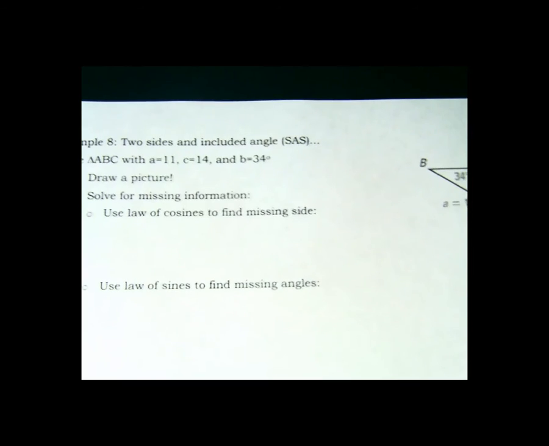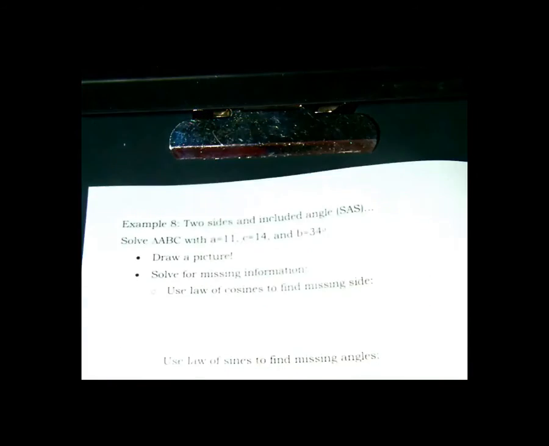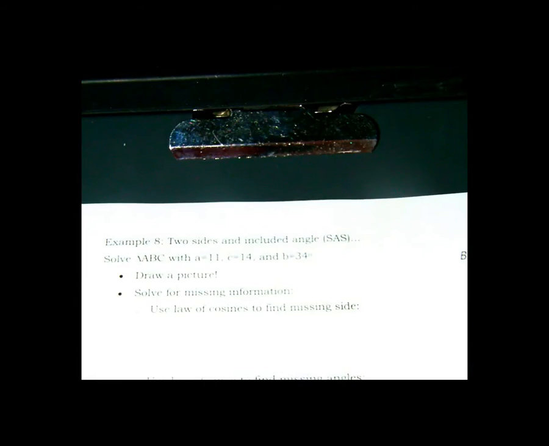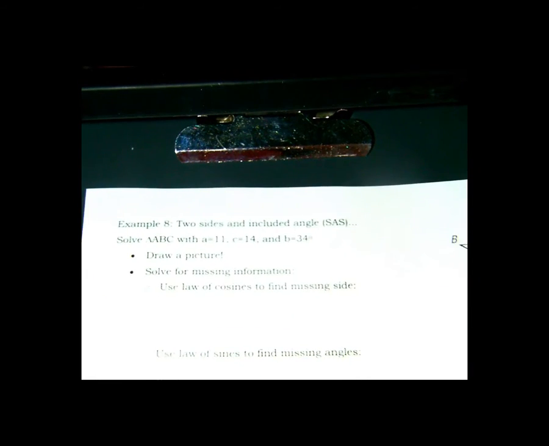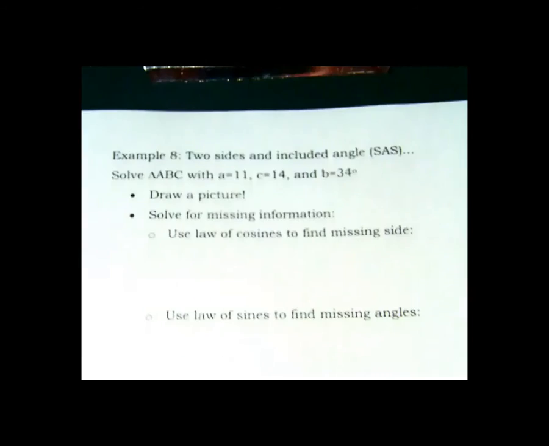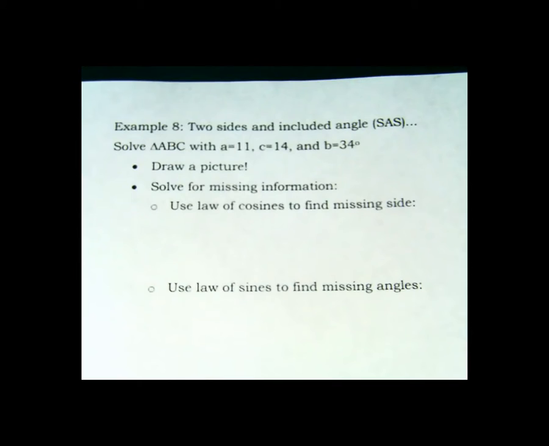Alright, so it starts at example 8 because it actually continued from yesterday's stuff. I found this all in the same place and I really liked it. So, alright, we have example 8, which says two sides and an included angle. We have side, angle, side. We are supposed to solve. It says draw a picture. We don't need to do that. We've already been given that. And solve for the missing information.